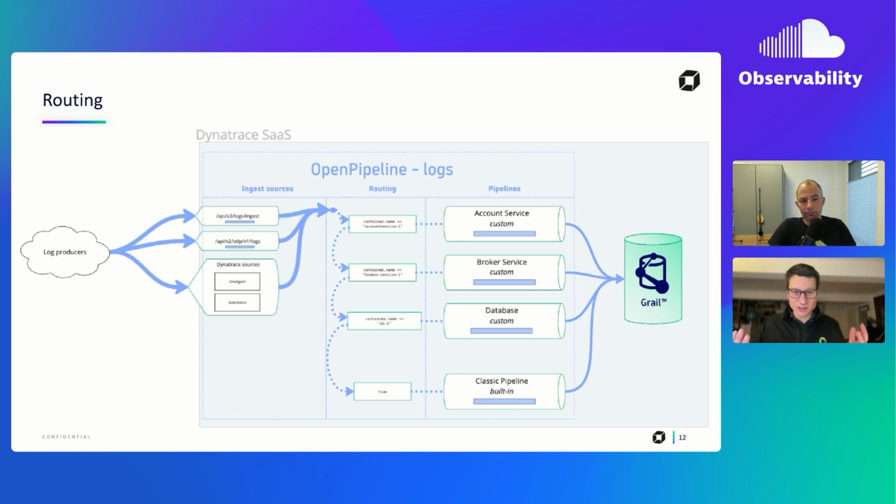There's no rush there, the classic pipeline is there. It's super efficient. Underneath, we even replaced it with the new OpenPipeline component. It just looks the same on the outside, but works highly efficient and fast underneath.